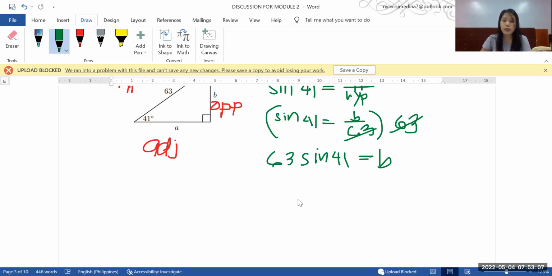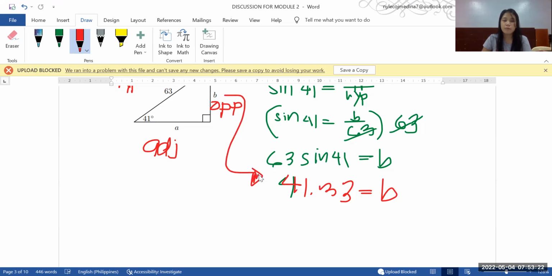If in-input ninyo na, your value would become 41.33, which is your B. So nakuha na natin si B. Next, si A.